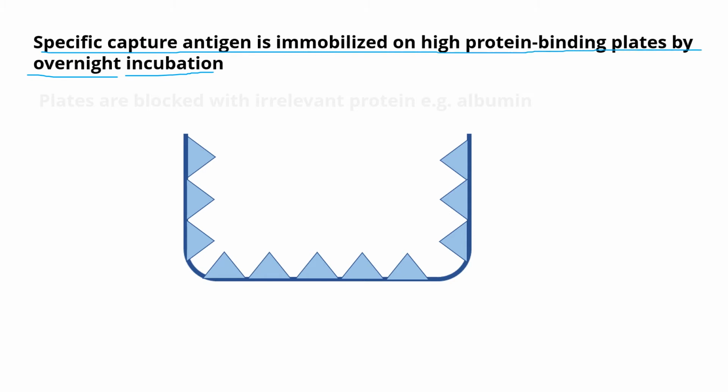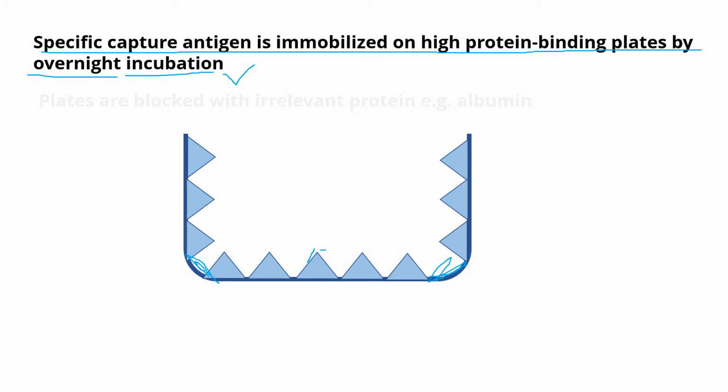Now here the specific capture antigen is immobilized on the high protein binding plates by overnight incubation. Suppose you want to measure HIV antibodies, then the HIV antigen is immobilized on the high protein binding plate by overnight incubation.